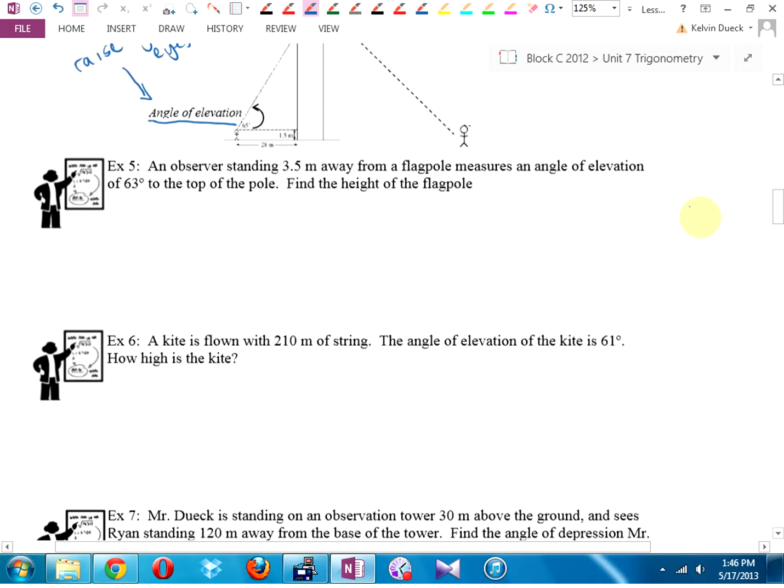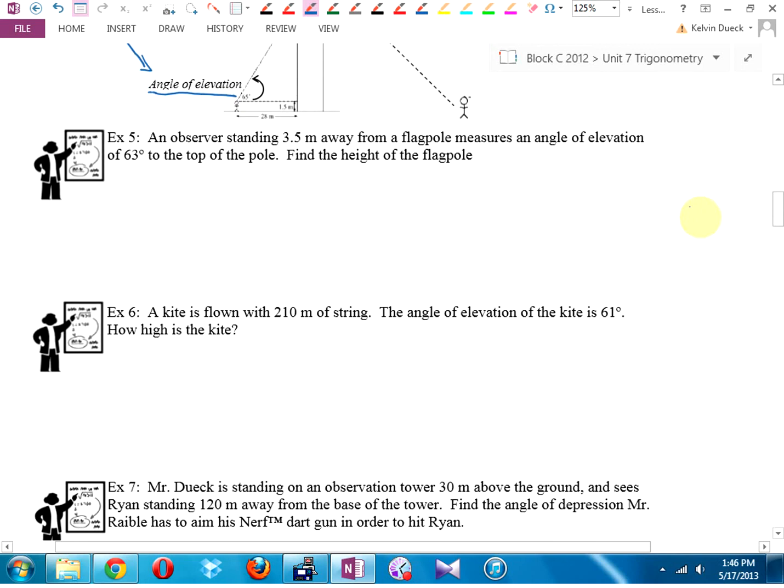Let's do an example. An observer standing 3.5 meters away from a flagpole measures an angle of elevation of 63 degrees to the top of the pole. Find the height of the flagpole.